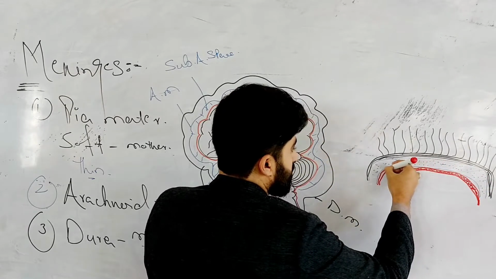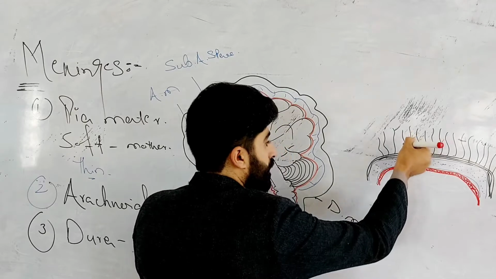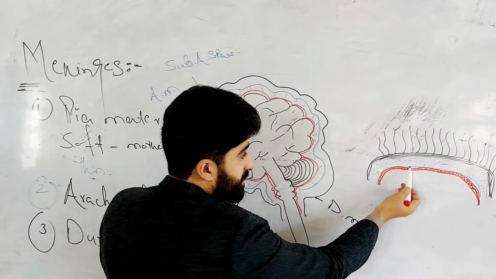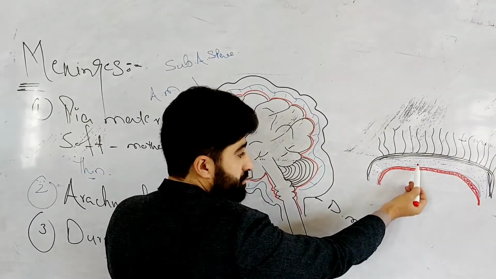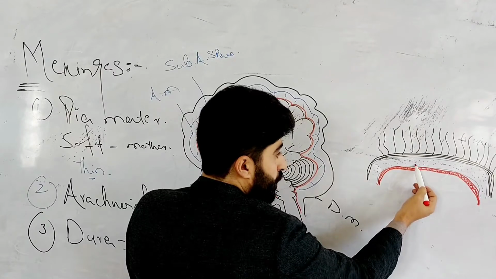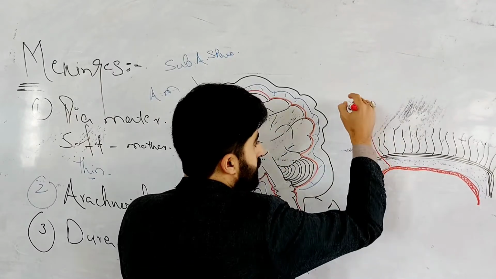Dura mater की दो एजेस हैं, above, below. वो एज जो बोन के साथ अटैच है, this is the skull bone and this layer is the outer layer and attached with the bone. This is called the periosteal layer.